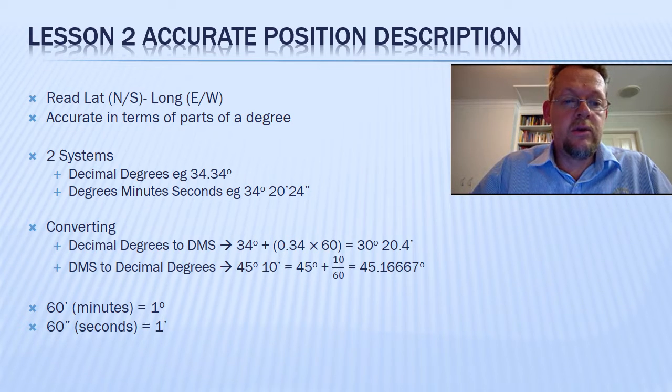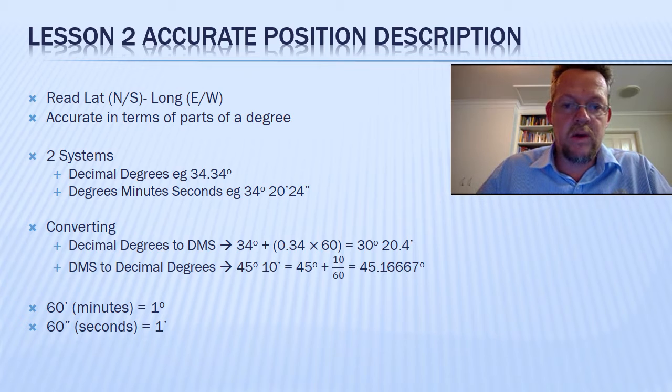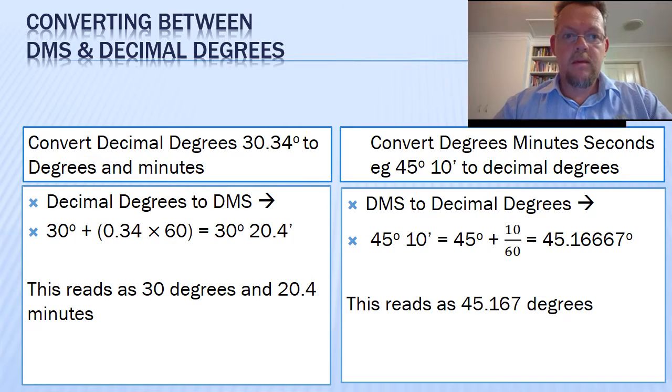So we'll need to learn how to convert decimal degrees to degrees, minutes and seconds, and then convert degrees, minutes and seconds to decimal degrees. And the other important two points we'll need to know is that there are 60 minutes for every degree, and there are 60 seconds for every minute. So that sounds quite familiar, doesn't it?